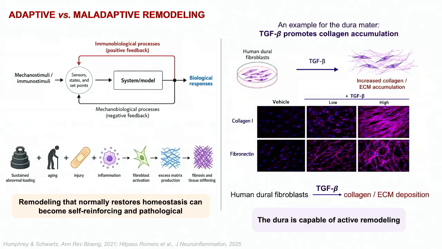One key regulator of this process in the vasculature is the cytokine TGF-beta. But important for our story, TGF-beta has also been shown to promote collagen accumulation in fibroblasts that had been isolated from the human dura. And so that tells us that the dura is capable of active remodeling. But what actually drives that remodeling remains much less clear.